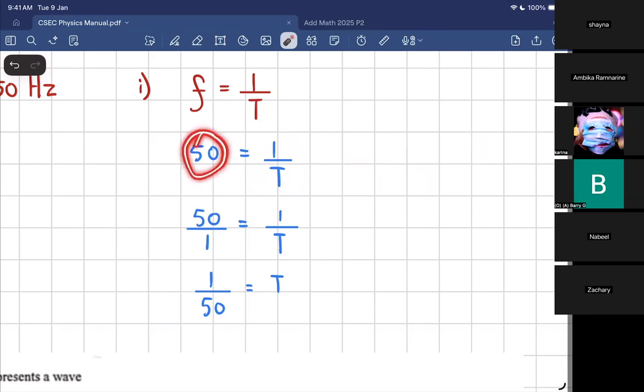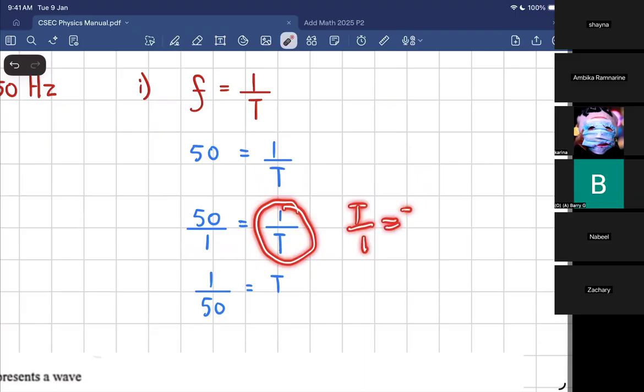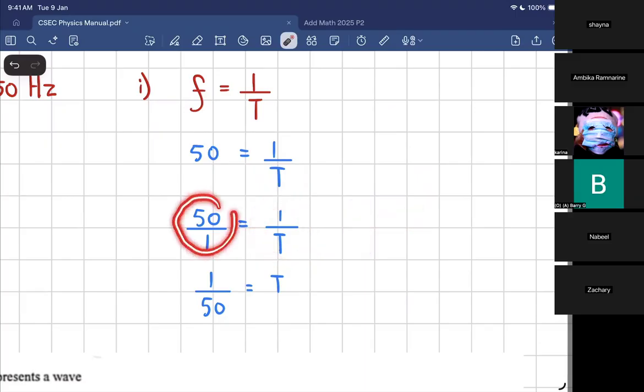So 50 is the same thing as 50 over 1, and I want to make T the subject. So I'm going to flip both sides. 1 over T turns to T over 1, which is just T. And if I flip 50 over 1, that's going to be 1 over 50.